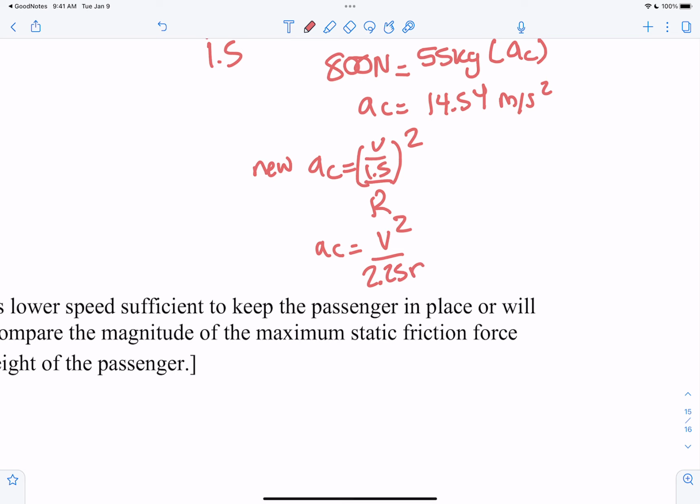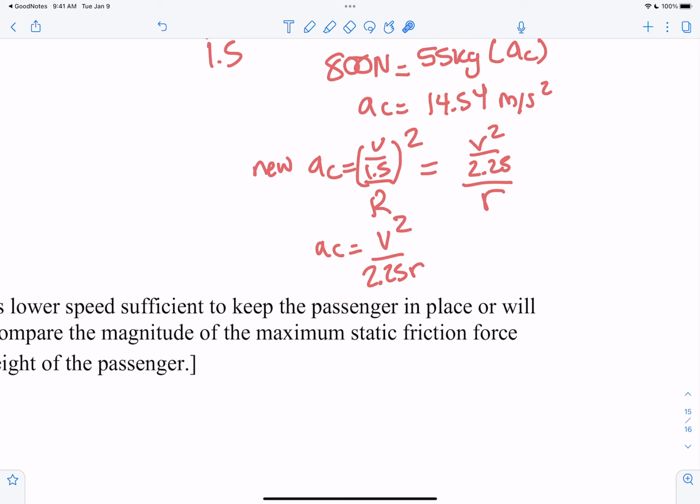Because this will be v squared over 2.25 divided by r, and then this will just get multiplied over here, which is just like saying v squared over 2.25 times 1 over r. So you get v squared divided by 2.25 r.